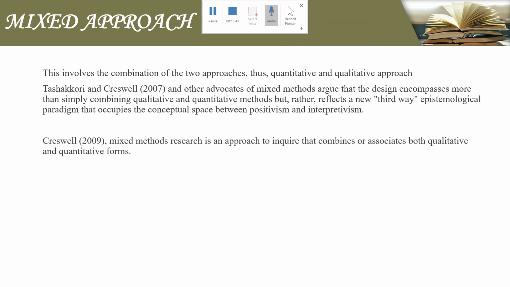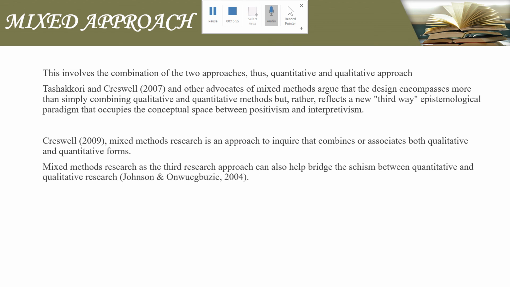Creswell 2009 said that mixed research approach is an approach to inquiry that combines or associates both qualitative and quantitative forms. Mixed research, as the third research approach, can also help bridge the schism between quantitative and qualitative research.